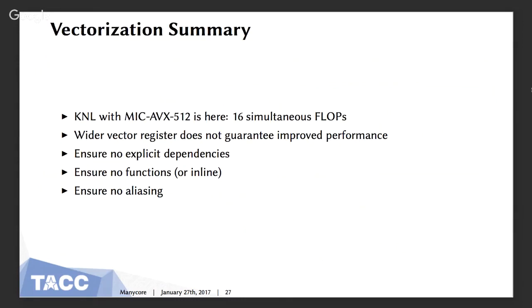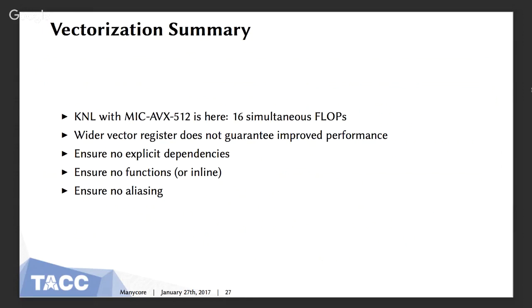So just a quick summary. We're rolling in the KNLs. They have these 512-bit width processors. They're capable of 16 simultaneous flops per core. The wider registers that they have, though, are not going to guarantee you performance.